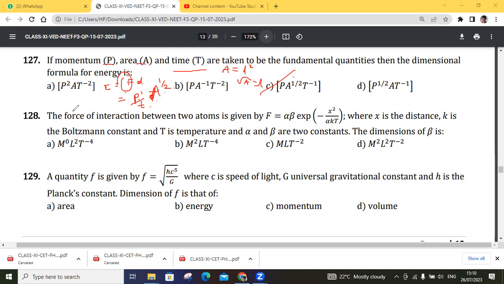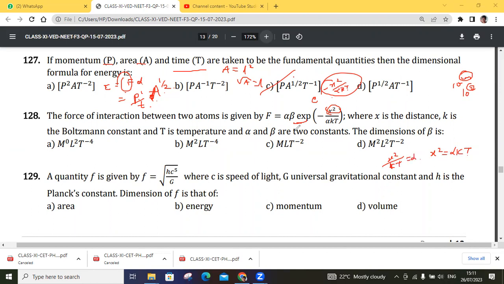Again, 128. The force of interaction between two atoms is given by the relation. The dimensions of beta are asked. See, this is exponential, like e power minus x square by alpha kT, so this should be a number. We don't write 10 power 2 meter, we write 10 power 2. So x square's dimension should be equal to alpha kT's dimension. So alpha is x square by kT.